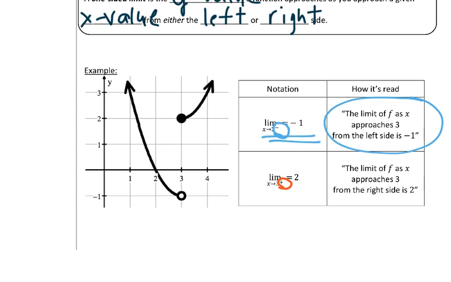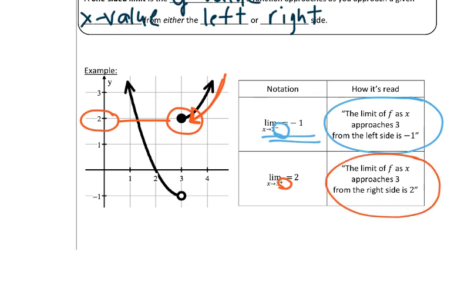So now I'm looking at this piece. Coming from the right, where is the function trying to get to? If I'm coming down here, I can see it's approaching here, and so what y value does that correspond to? 2. So the way we say it is the limit of f as x approaches 3 from the right side is 2.